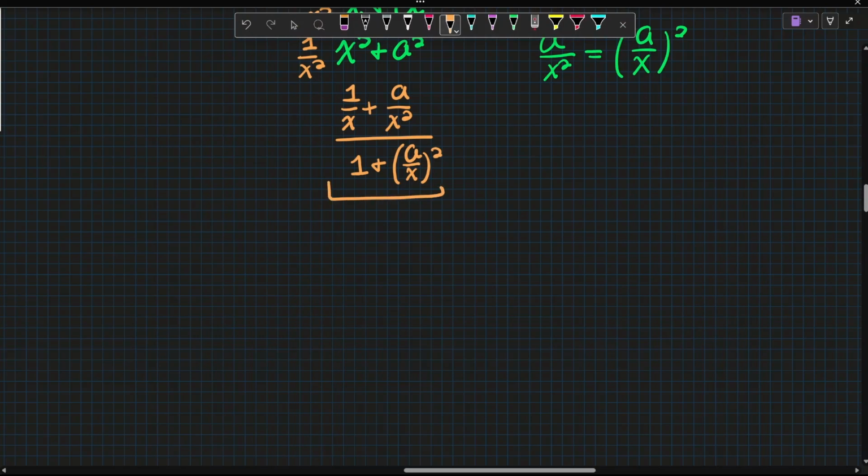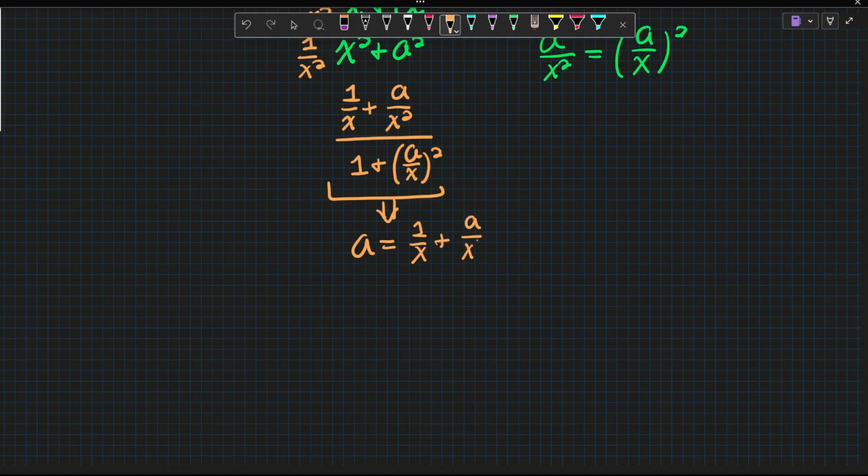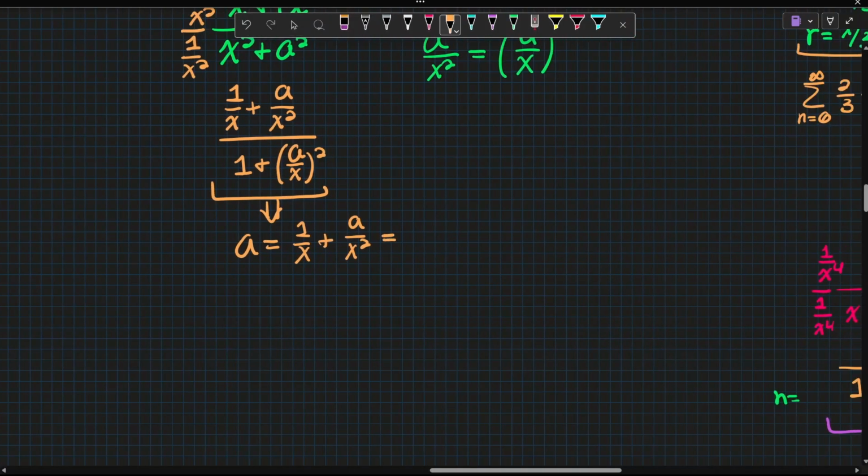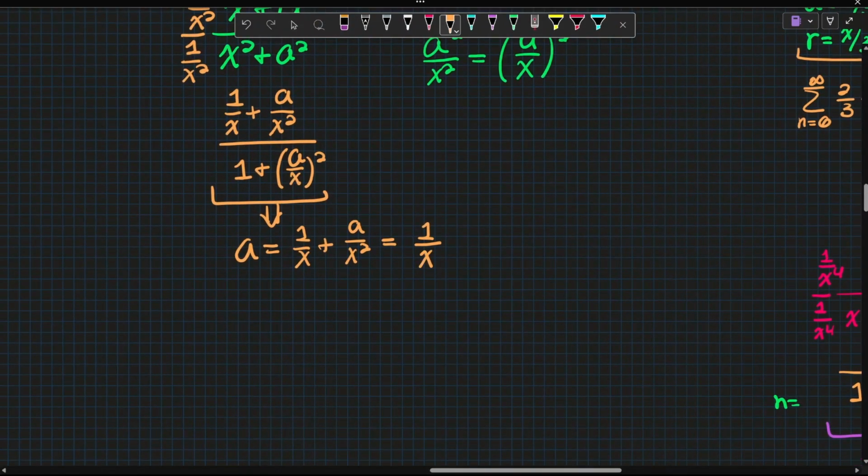Now you can extract from here that a is equal to 1 over x plus a over x squared, which you can say is 1 over x times 1 over x plus a over x.